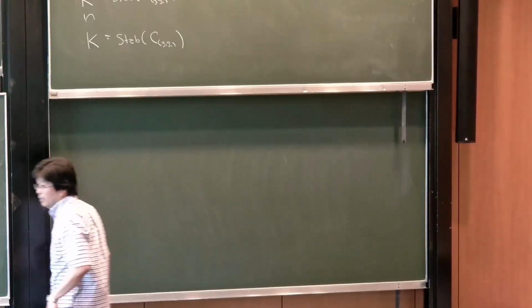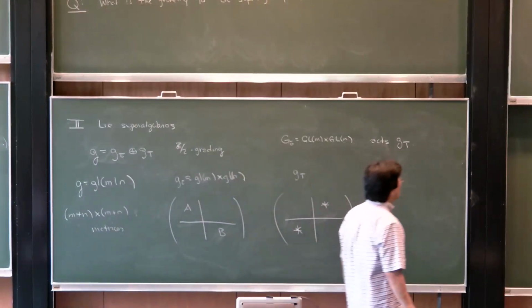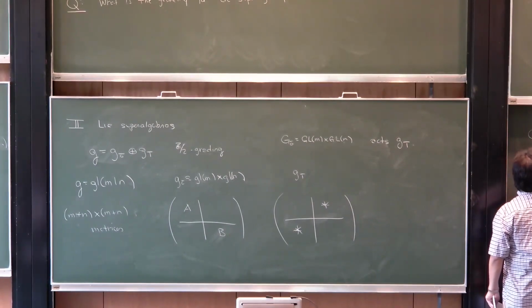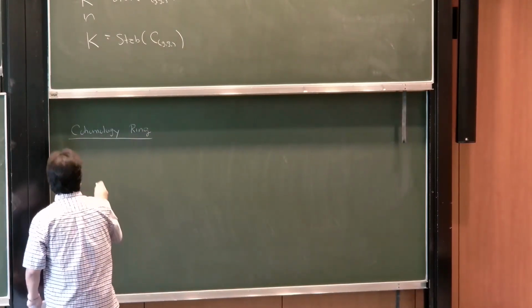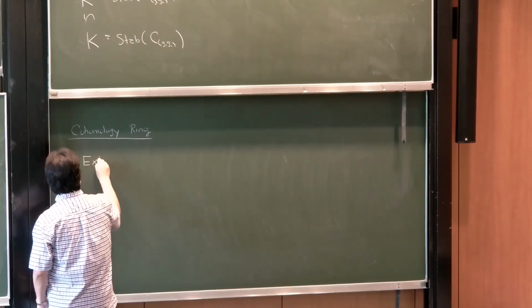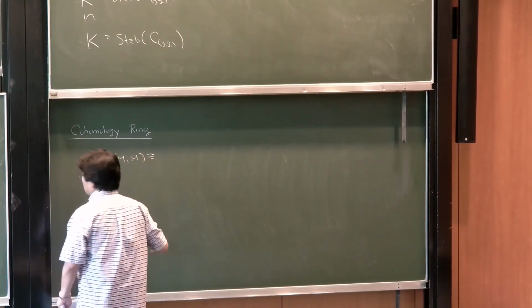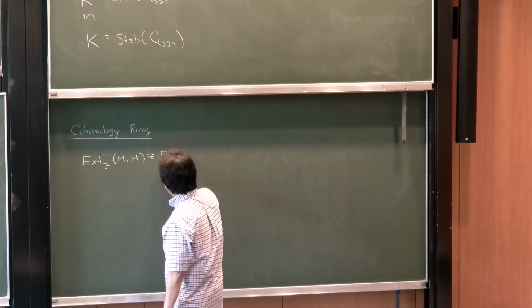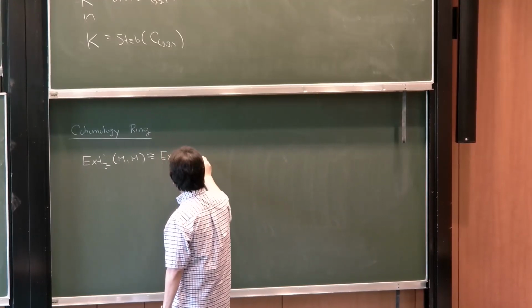All right, so I have to tell you something about these categories. Why don't we look at the cohomology ring? If I look at X in this category, then it turns out that you can identify the extensions with the relative algebraic cohomology for the superalgebra.